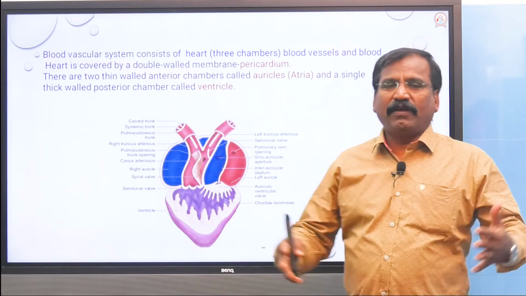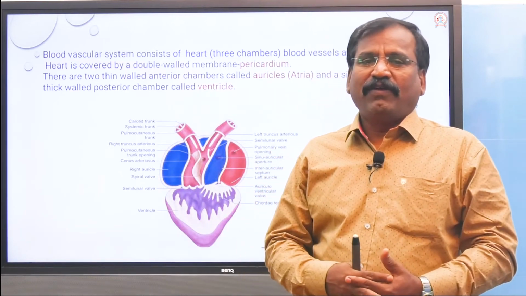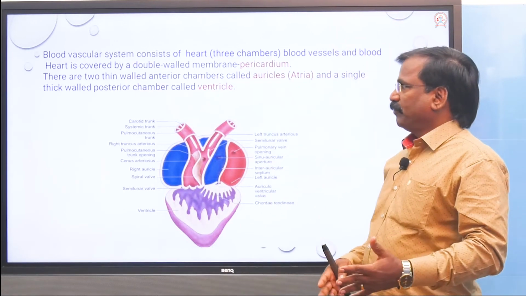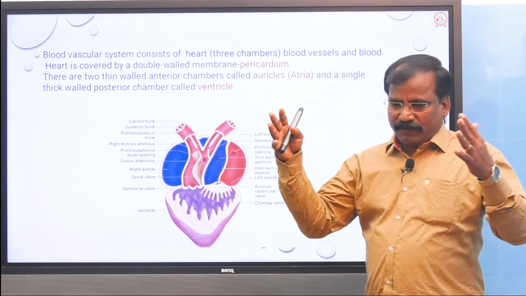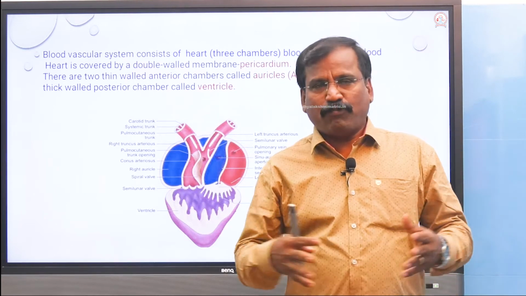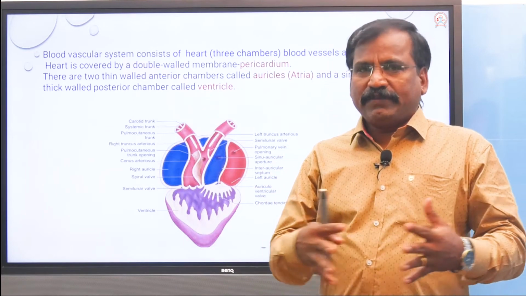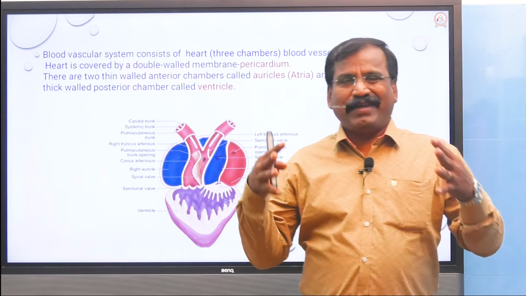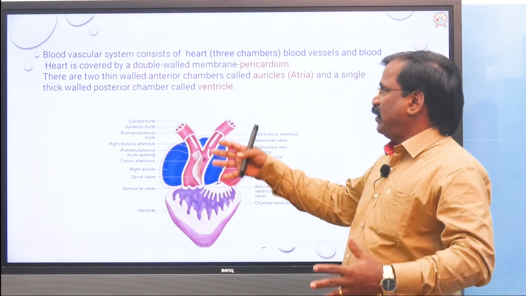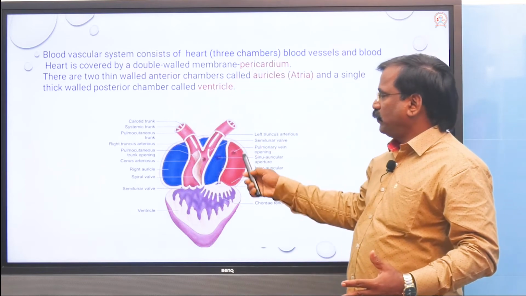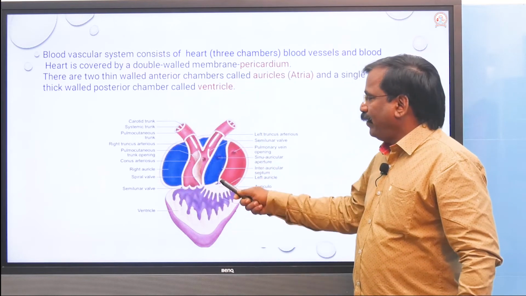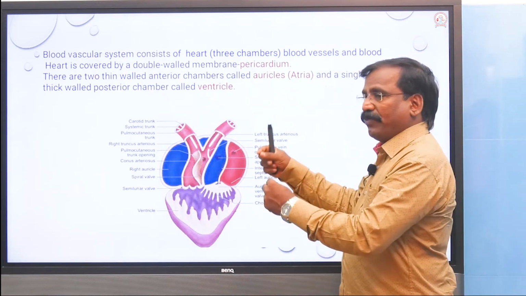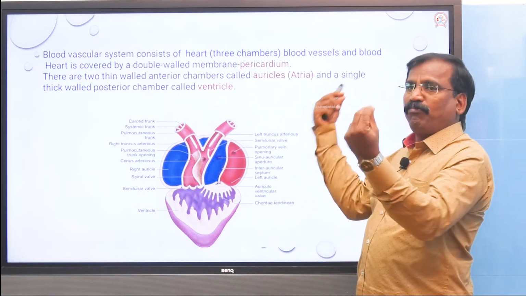Here, what is the structure of the blood vascular system or the circulatory system of the frog? What are the organs or composition? It includes a heart, a pumping organ, and the blood vessels, the tubes attached to the heart, which carry the blood.